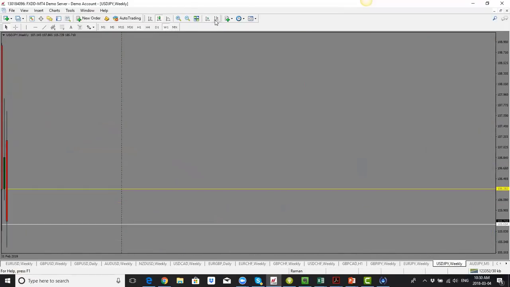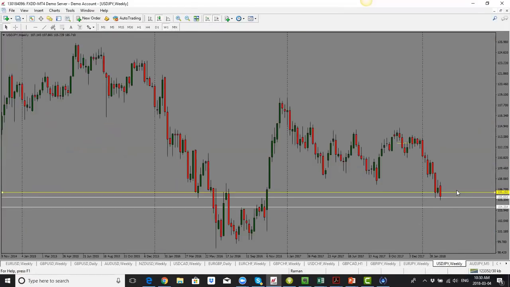Dollar yen here, this one has been quite bearish as well. So with this one here, I'm looking for a drop as well. So the next target is 104.35 level. And with this one, we could get a pullback either into 106.30 or further up into 107.00 level, and then a further drop.